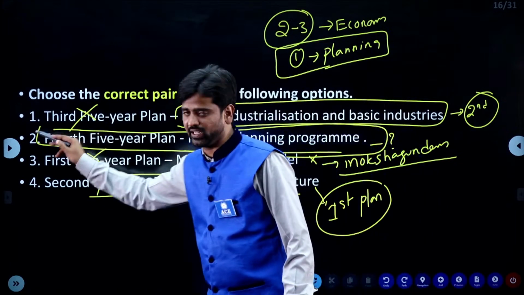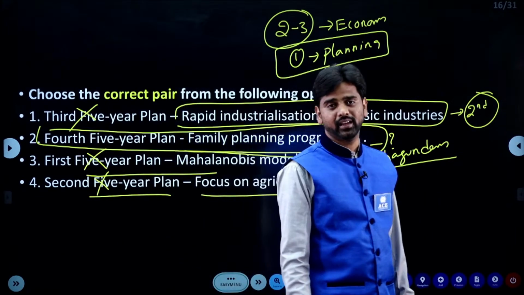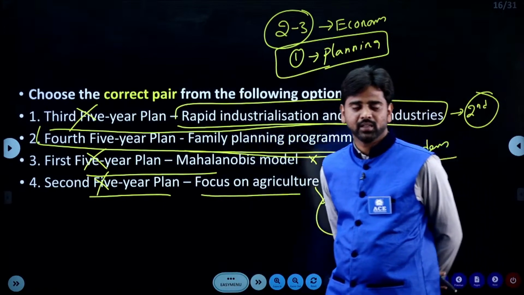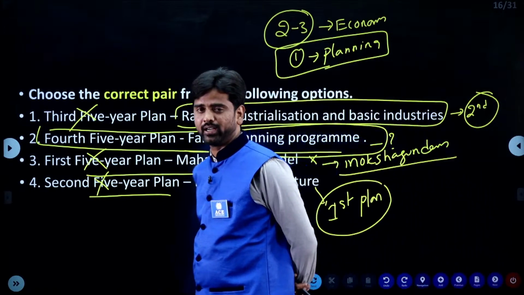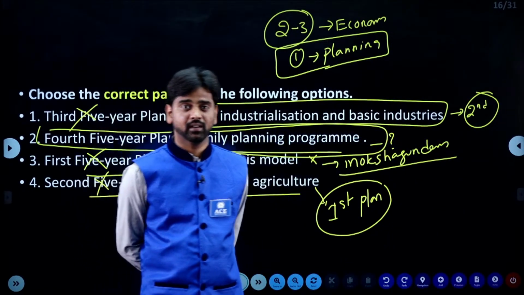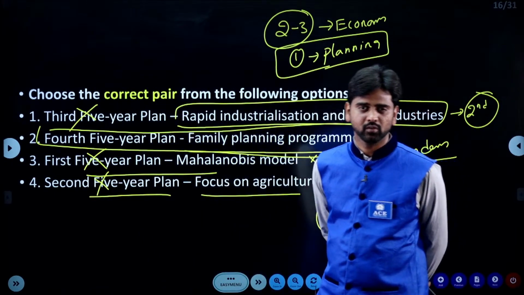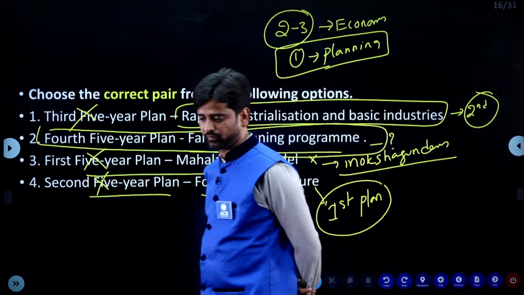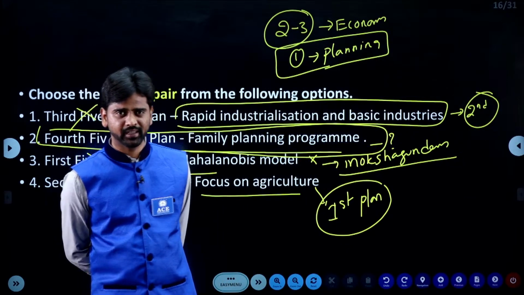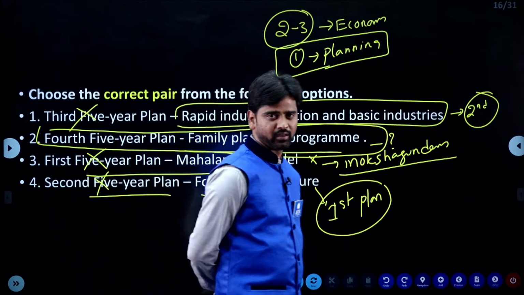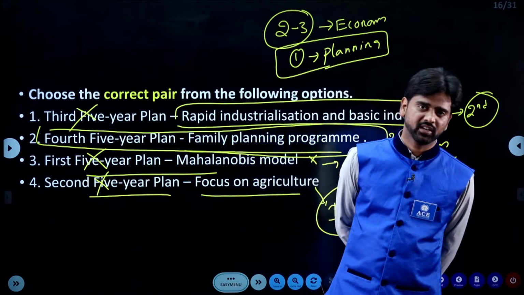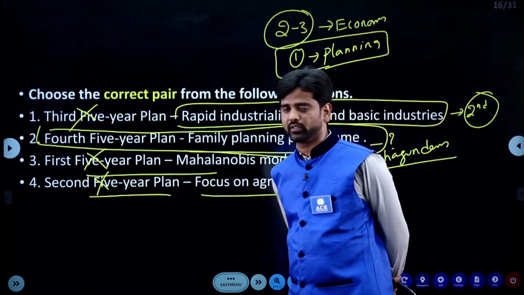During 1970 to 1975, Indira Gandhi gave the utmost importance to family planning, particularly forced sterilization. Couples who had more than 2 children were given forced sterilization, guys. That is the importance of this fourth plan.